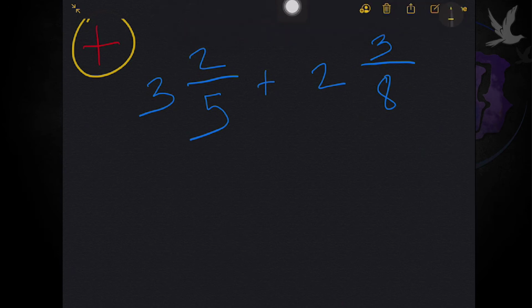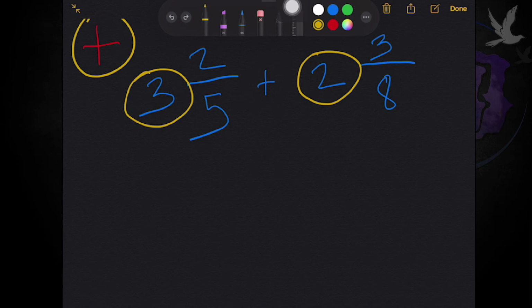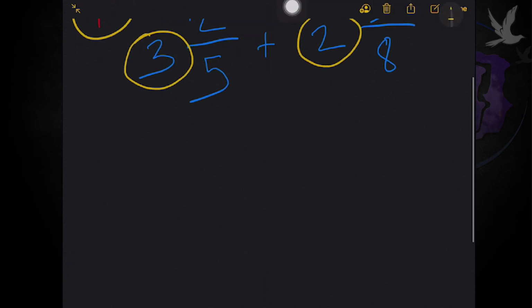For adding, all you have to do first is to take your whole numbers. 3 plus 2. Okay, since it's plus. Since plus siya, so magpa-plus tayo. 3 plus 2 will give you 5. And just leave 5 there. Okay, so example lang yan ha. We will leave 5 there.